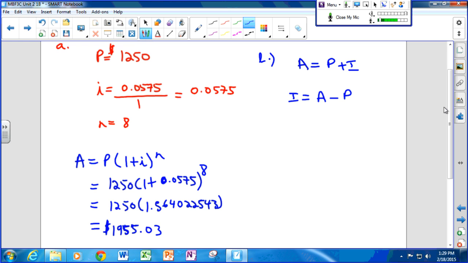And we have both of those numbers on the right-hand side. So we can say that I is equal to A, which is going to be $1,955.03 minus our 1250. I almost ran out of room there. 1955.03 minus 1250 equals, oh, let's try that again. $705.03.